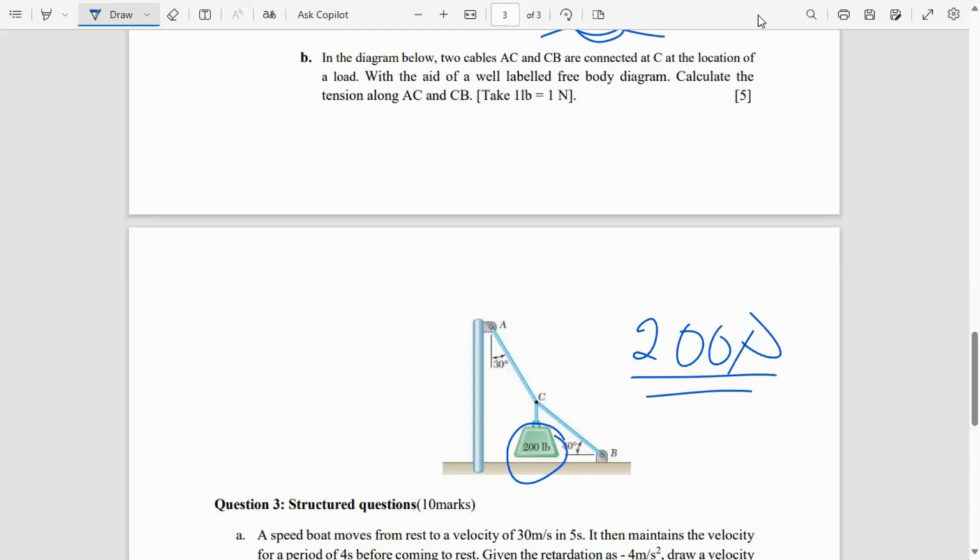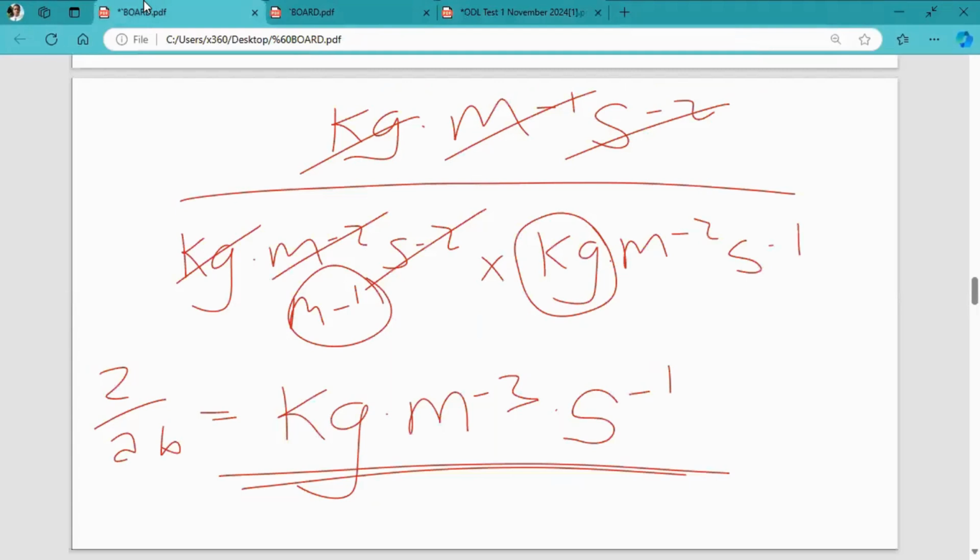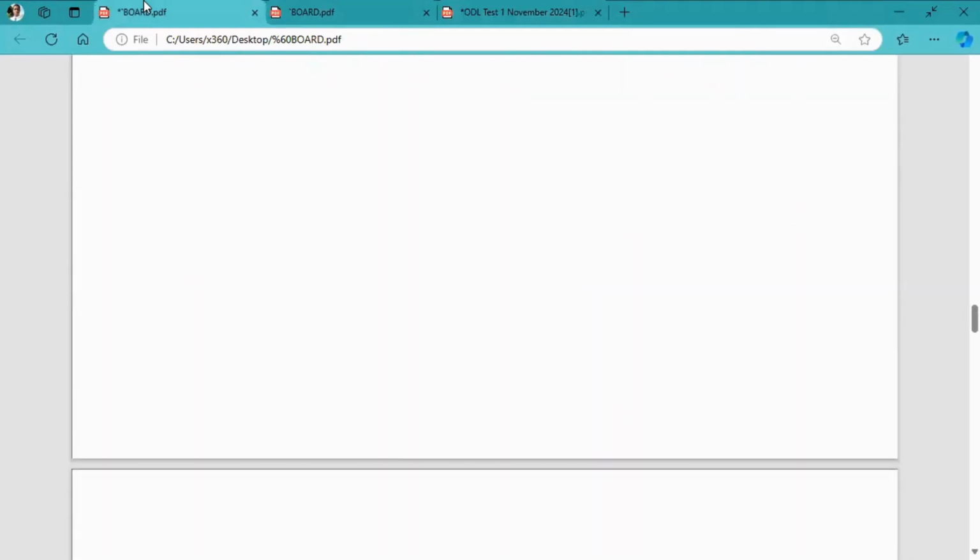Okay, so we can put out a free body diagram. How is it going to be? We have such a diagram, like this. There's an angle here of 40. There's an angle here of 30.